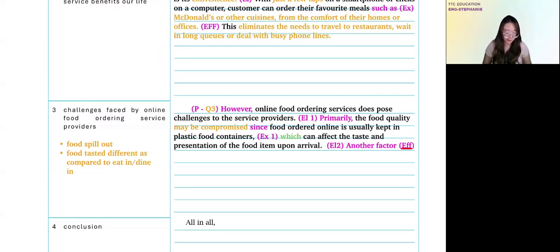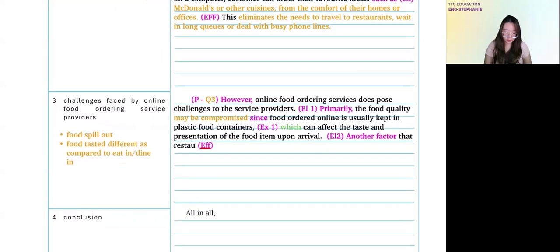Another factor that restaurant owners have to deal with, okay, is related to Jingy's point. So it is logistical challenges. All right, logistical challenges.